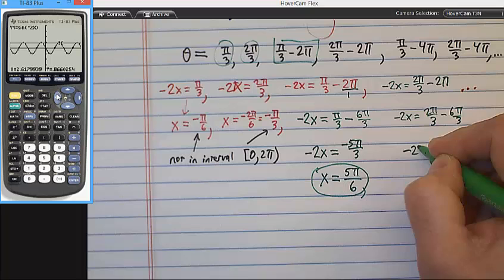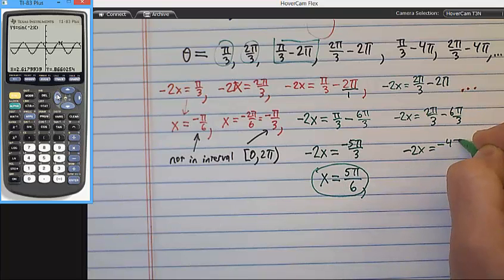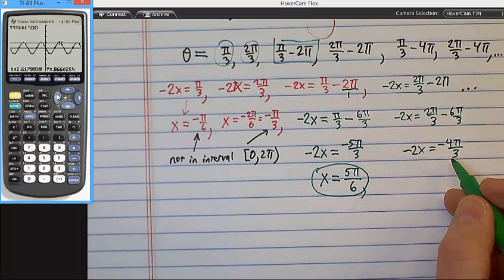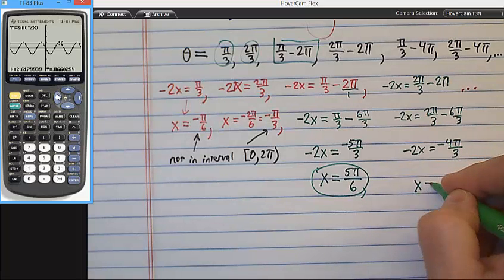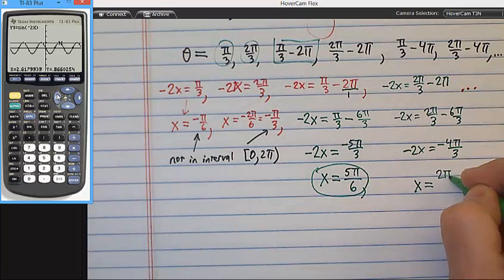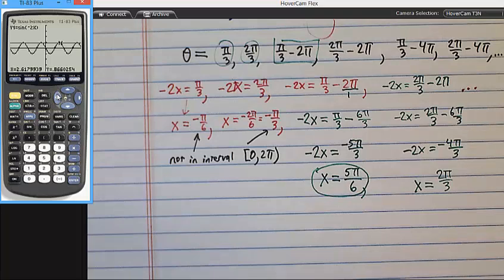Negative 2x is negative 4 pi over 3. And if I divide both sides by negative 2, it looks to me like I get positive 2 pi over 3, right? Or 4 pi over 6, however you want to say it. And notice 4 pi over 6 is just a little bit to the left of 5 pi over 6. That's going to be that solution right there.